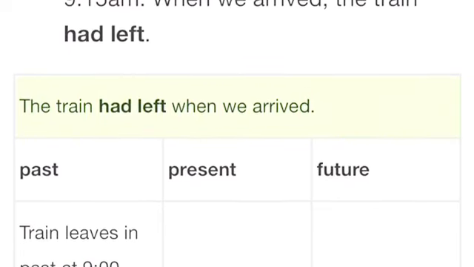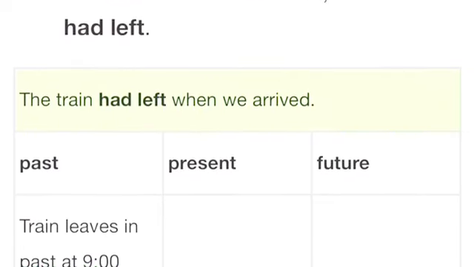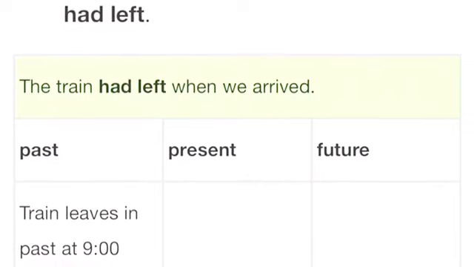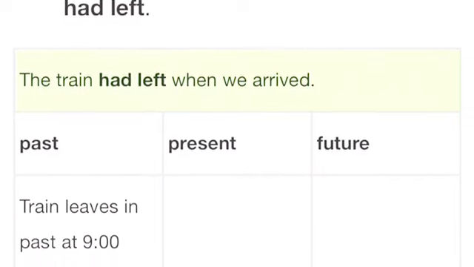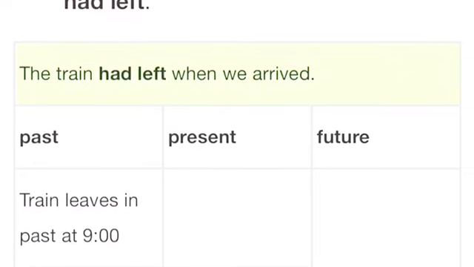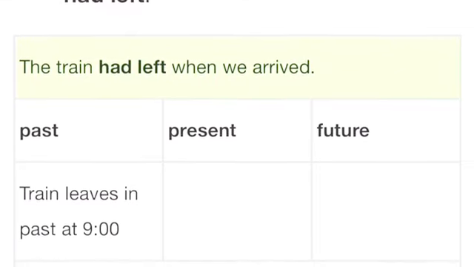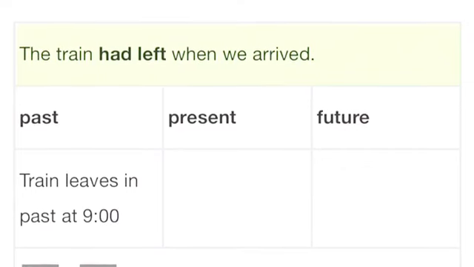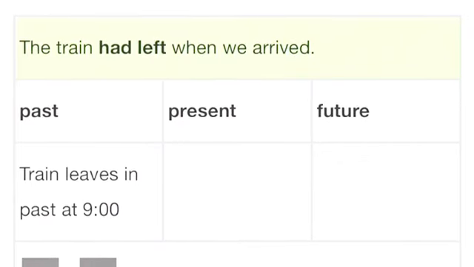Got it? So this is known as the past in the past kind of action. Now I'll tell you an example to make it very clear. The train left at 9 a.m. We arrived at 9:15 a.m.